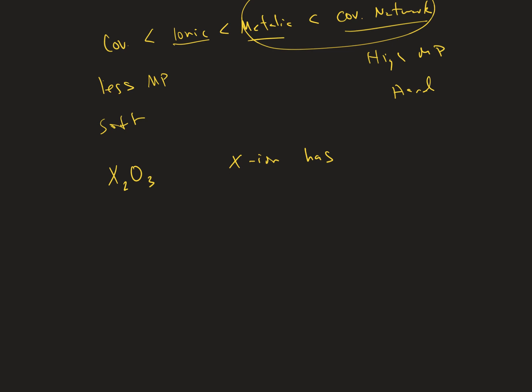X ion has, let's see, 23 electrons. Sorry, I might have done this one in class, but I guess I could pick a different one. Is this one okay? Okay. Has 23 electrons. Figure out what X is.